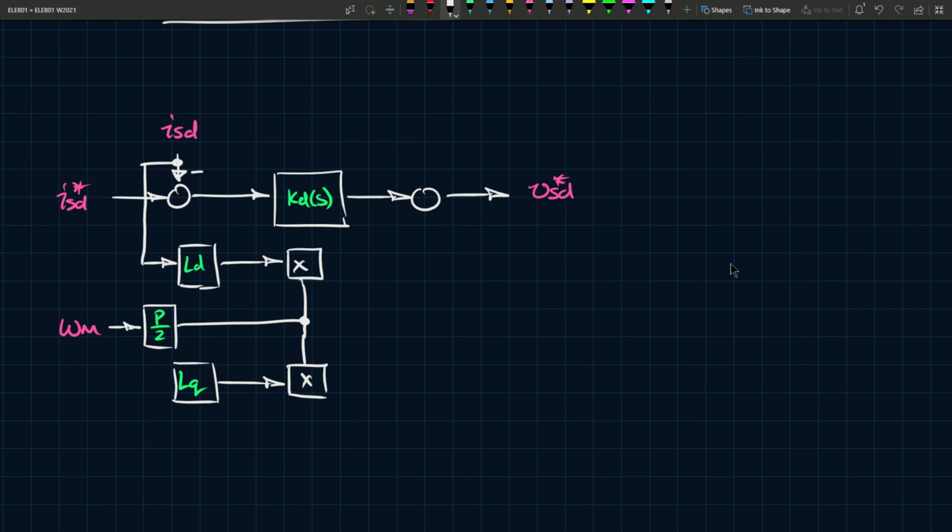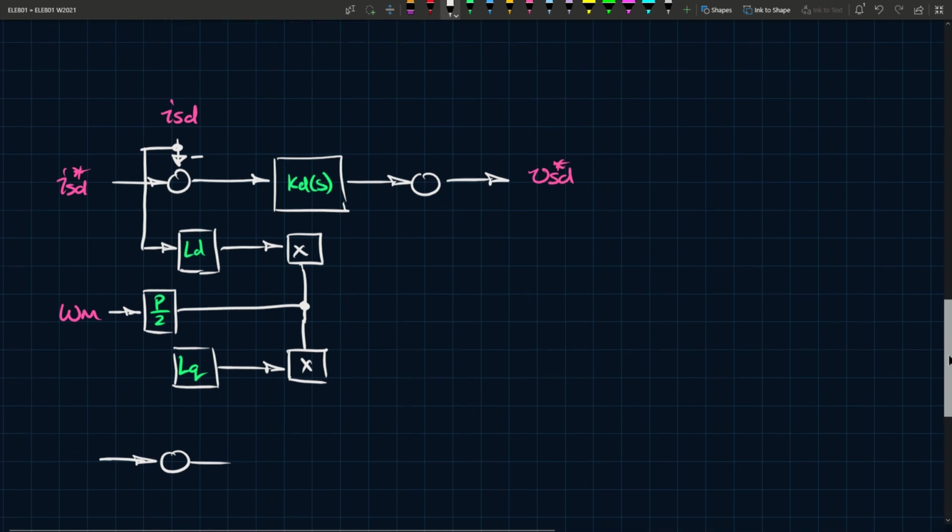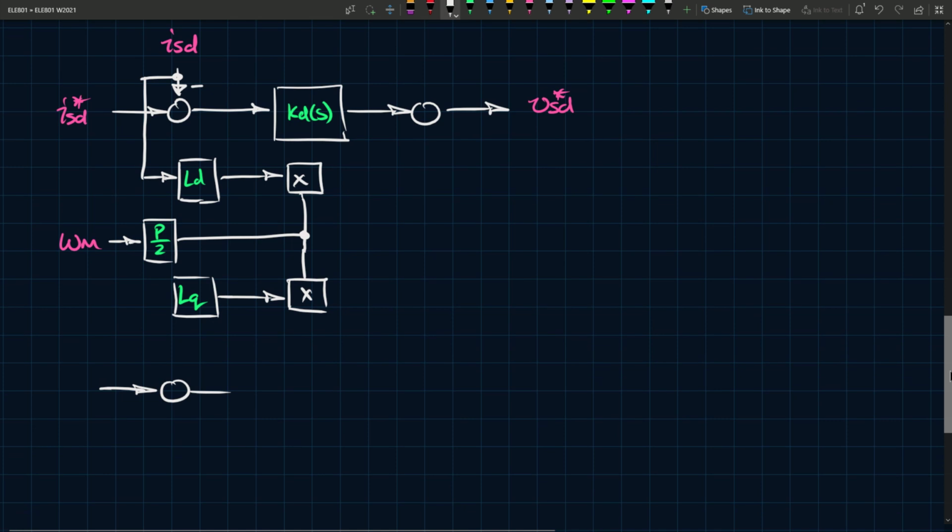So it begs the question, where did all this stuff come from? So we can draw here then the next comparison between the reference and the actual measured value. So you can subtract this, and this again is ISQ reference, and this is ISQ actual, or measured, however you want to refer to that.